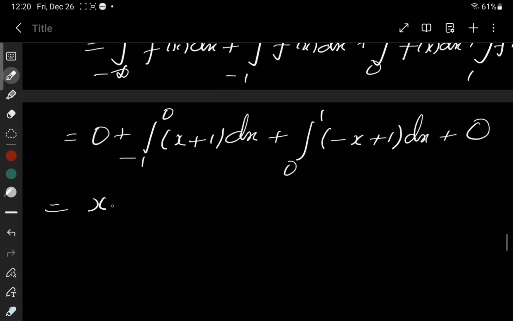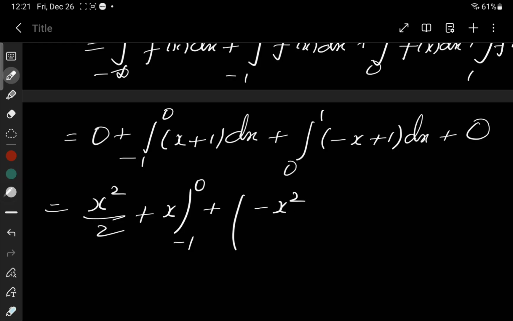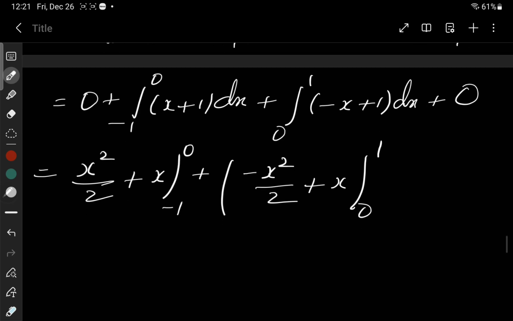So this is equal to the integral: x squared by 2 plus x from minus 1 to 0, plus minus x squared by 2 plus x from 0 to 1.